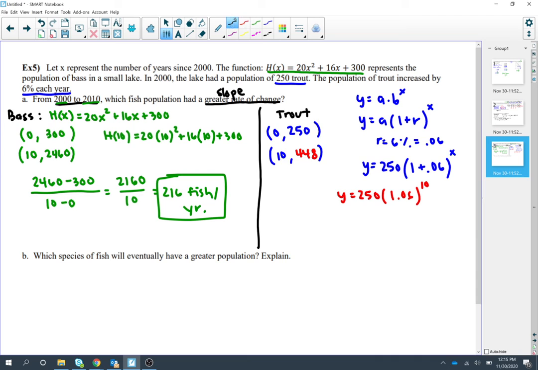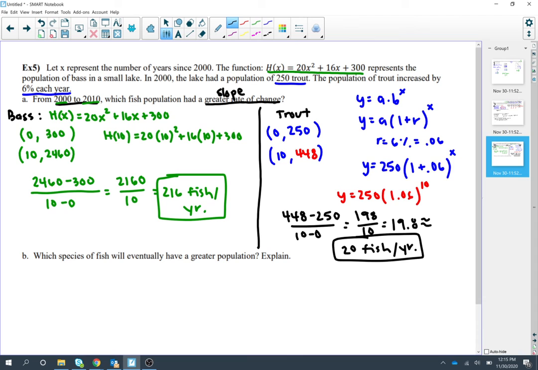Now at this point we have to find the rate of change. So slope 448 minus 250 over 10 minus 0. That's going to give us 198 over 10, which is 19.8, which again, I'm going to round that and say about 20 fish per year.